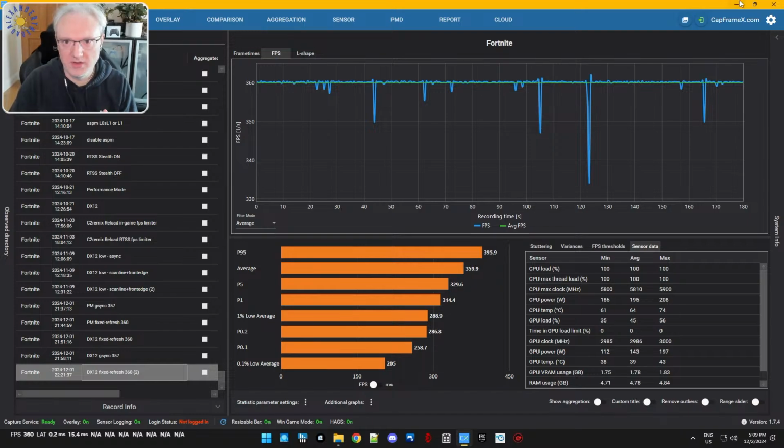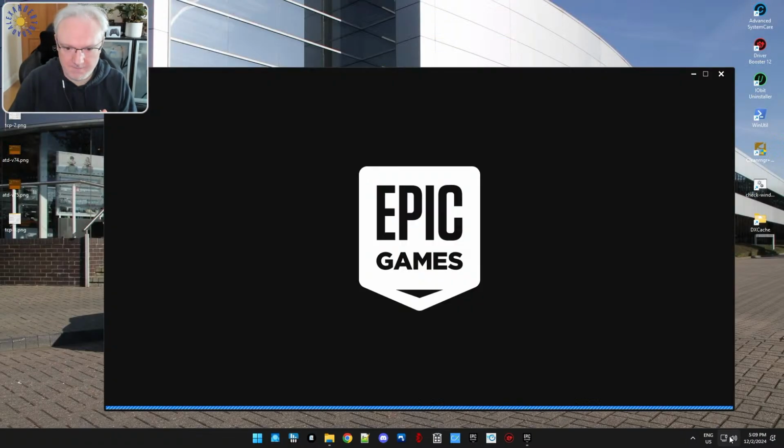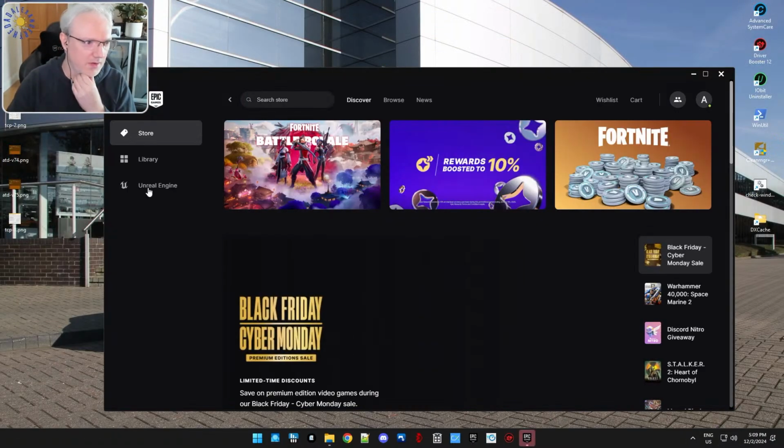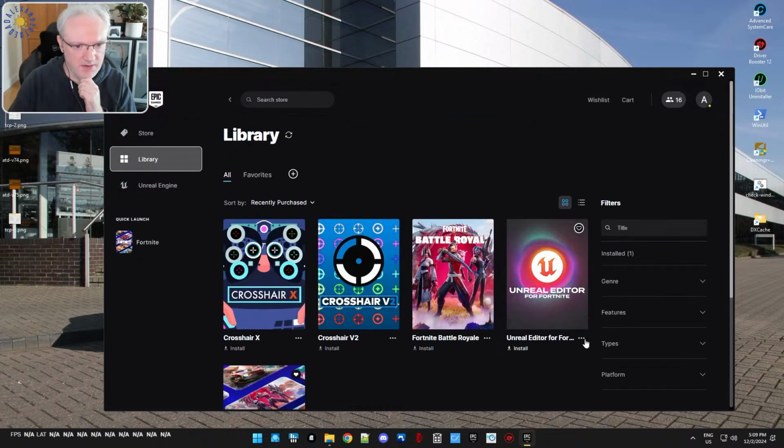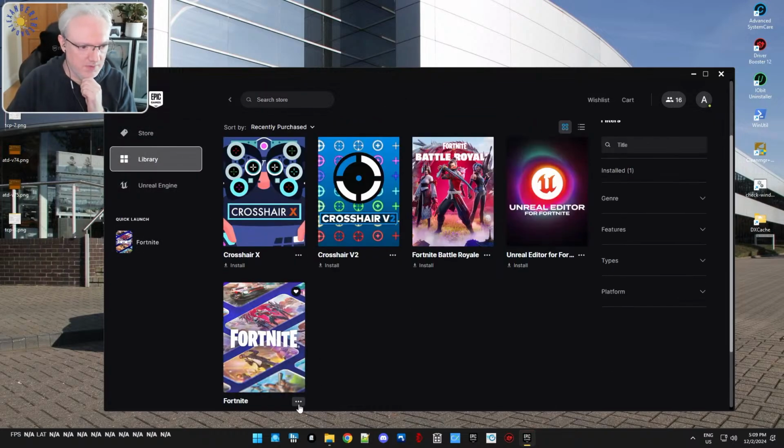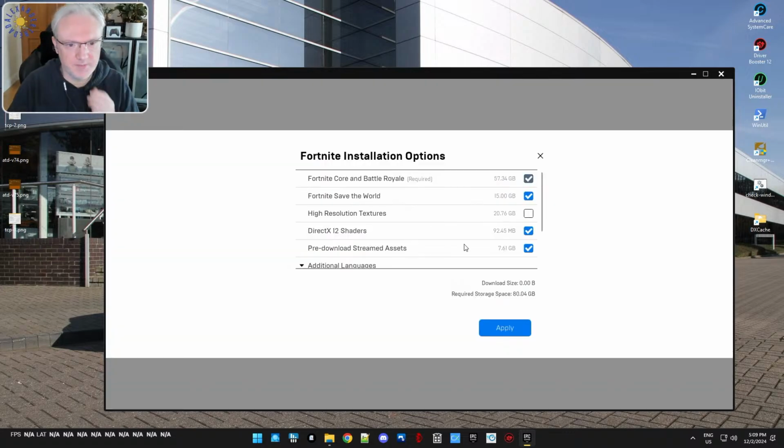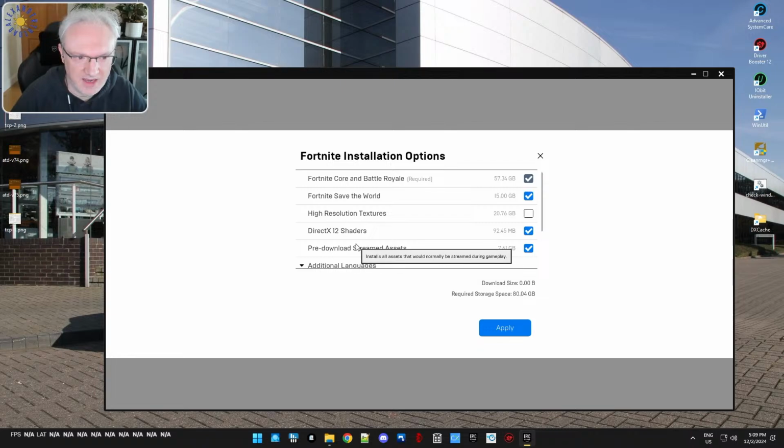What I'm about to show you. Start this up. Library. Fortnite options. Right, so I think this is the key thing. I think this and this only apply to DX12.